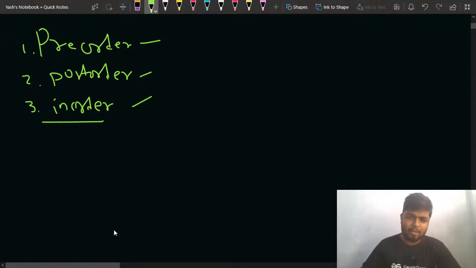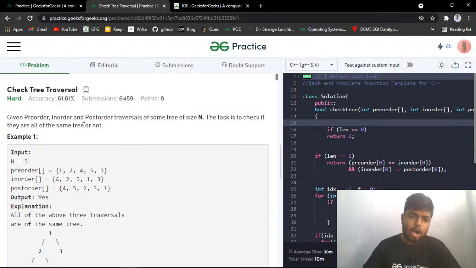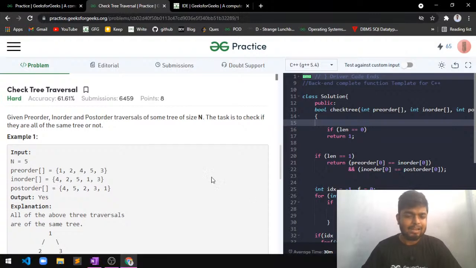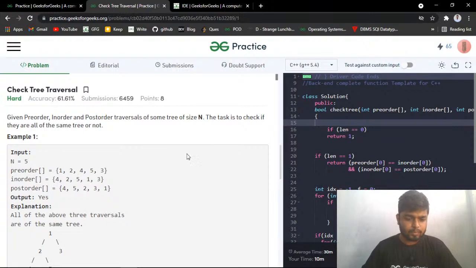Are these three traversals of the same tree? Basically you have been given pre-order, in-order and post-order. Your task is to tell if the trees are the same or not, if all the traversals are for the same tree or not.